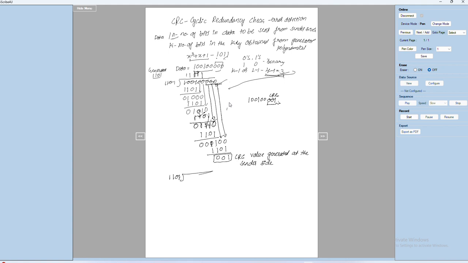1101, 100, 100, 001. Ones are 1, 1, 0, 1, 1, 1, 0, 0, 0, 0, 0, 1, 1. This is 0. Take a next value 0. So 1, 1, 1, 0, 1, 0, 1, 1, 0, 0, 0, 0, 1, 1, 1, 1, 0.